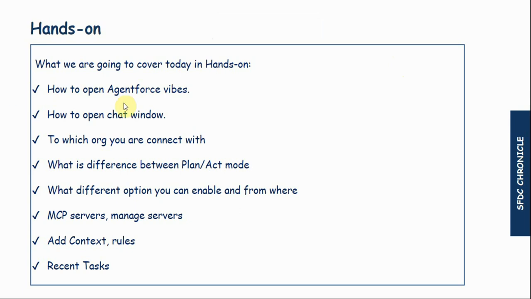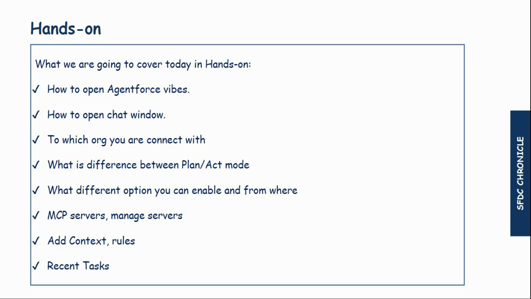We are going to cover how to open Agentforce Vibe, how to open the chat window where you start providing instructions or your requirement to the LLM, how to connect an org, what is the difference between plan and act mode, what the different options are that you can enable and from where, how to check and manage all the MCP servers, how you are able to add context and rules, and from where you can see the recent tasks.